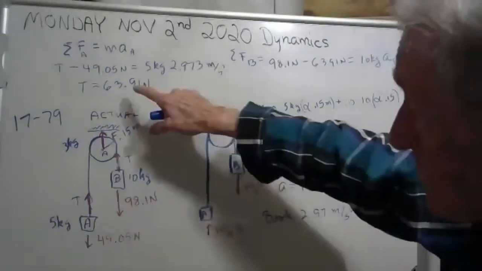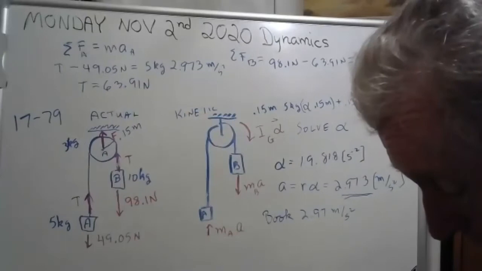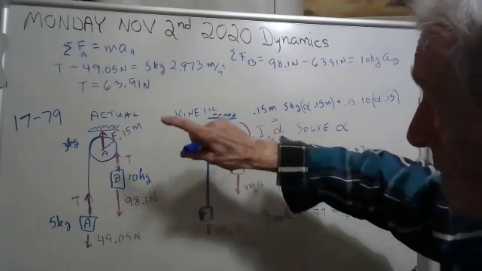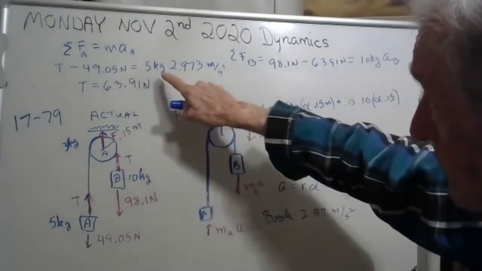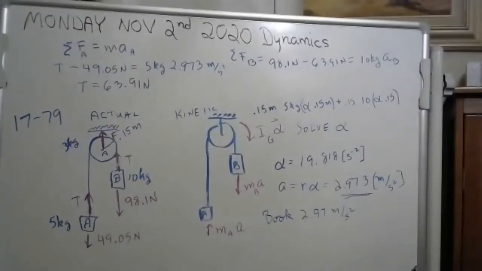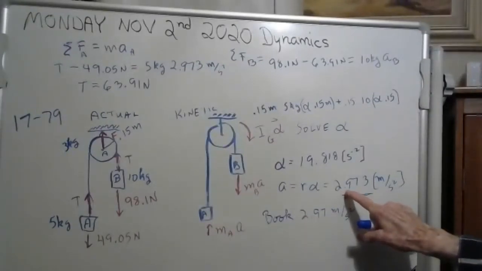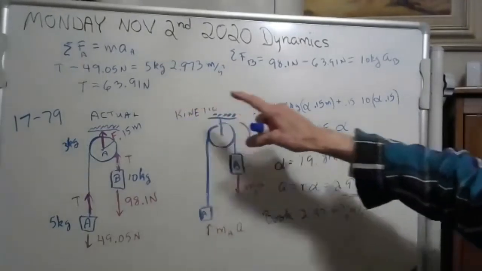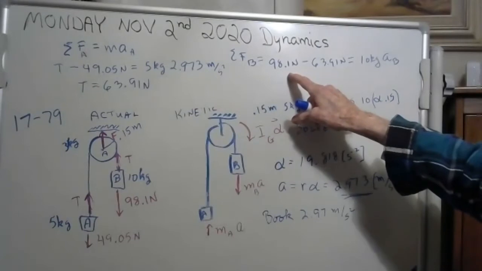Let me go back over this. Tension minus that equals 5 times the acceleration, which, we think, is 2.973. Okay. Let me do that again. I might have pushed the wrong button or something here. No, I'm getting this.